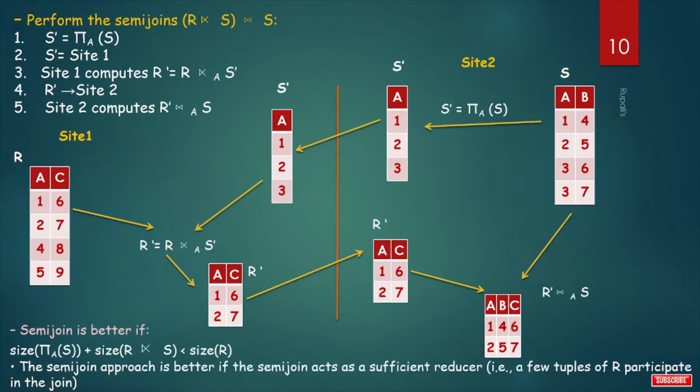So we can say that semi-join is better if size of pi A of S plus size of R semi-join S is less than size of R. The semi-join approach is better if the semi-join acts as a sufficient reducer, that is, few tuples of R participate in the join.